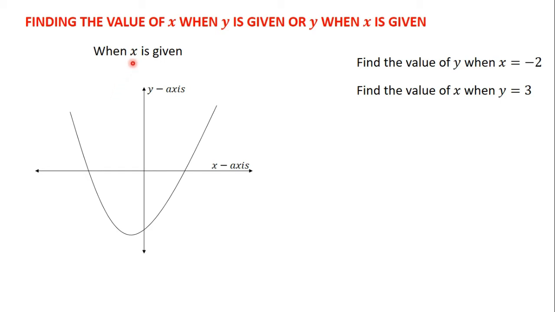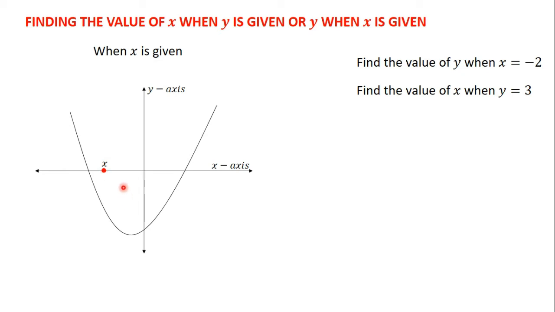So that x value that you have been given, you will locate it on the x-axis. Let's say that this is the x value. So in our example here, we are being told to find y when x is equal to -2. So what you do is that you locate -2 on the x-axis. So you locate the x value on the x-axis.